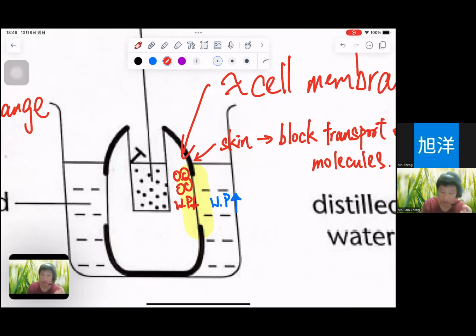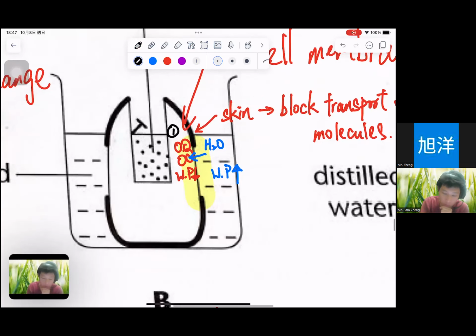So in this case, there will be first osmosis. The water molecules will move from the beaker of water into the cell first. This would be step 1.